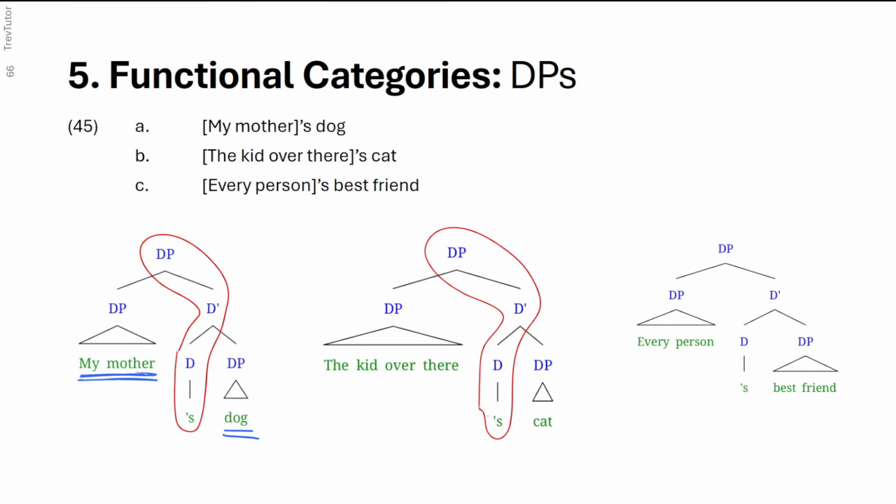We see the possessive s building up into a DP, and then we have that possessor-possessed relationship. So the kid over there is the specifier because that's the possessor. Every person is the specifier because it's the possessor. And then the cat is the thing being possessed, and so is the best friend. So those are both in complement positions. And if we wanted the full structure, we would just elaborate a little bit more, but this is mainly how we're going to use DPs.